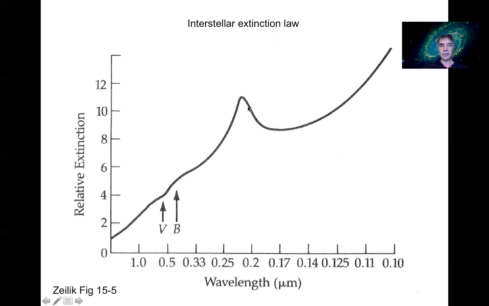So that tells us that some of the grains out there are made of carbon-rich material. There are other features further down here in the infrared that tell us that other grains are made of silicon material. So these are broadband spectral features in the extinction curve that tell us what the dust is made of.